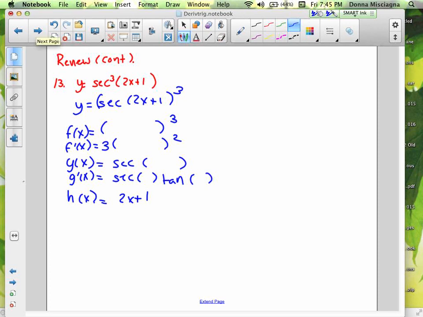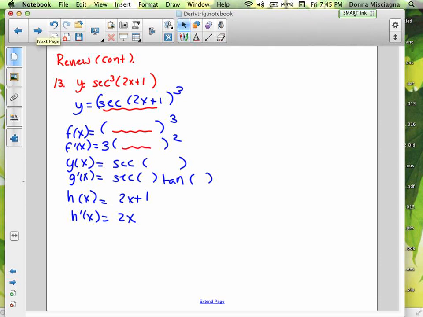And the derivative of 2x plus 1 is 2x. Okay? And of course, all of this goes here. But we're working in, and so just this portion goes here.